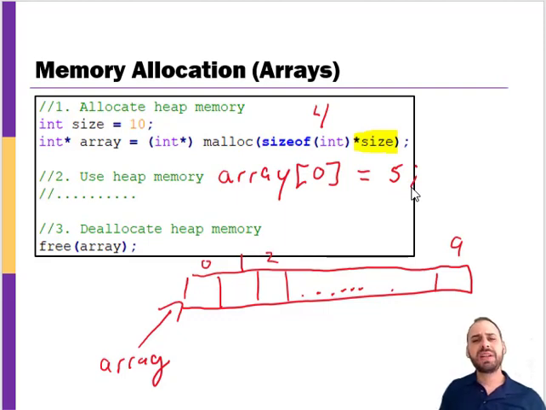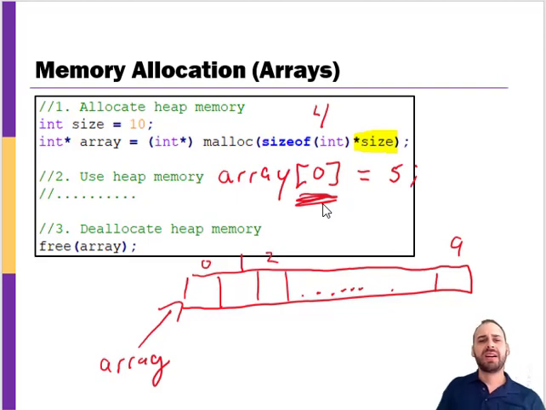We don't need the star dereference operator like in the previous example, because the square brackets syntax automatically dereferences the pointer. So it's implied, it is not needed. You're not going to actually use the star operator.